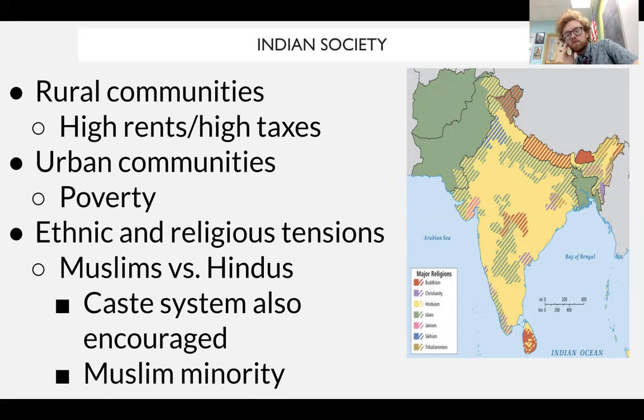We're also seeing how the British are encouraging caste distinctions in the Hindu community. Remember, we have that caste system in Hinduism. And the British are really encouraging upper caste people at the expense of lower caste people. Upper caste people have more opportunities economically, politically, and socially.